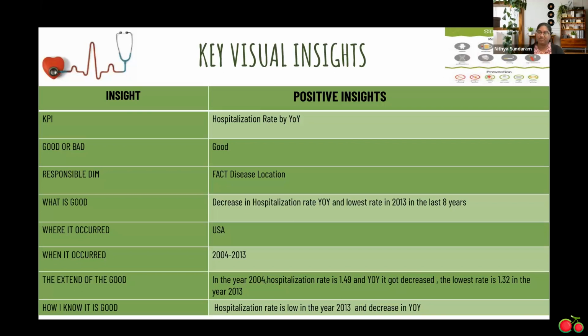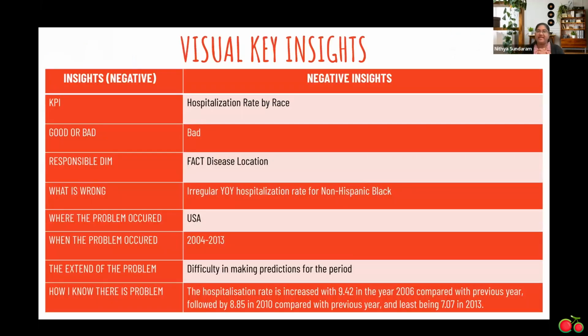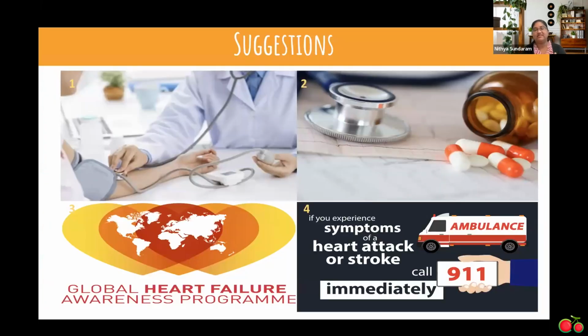So it represents the positive insight here. And one of the negative insights is that the hospitalization rate by race for non-Hispanic Black people is irregular over the years. Due to the fluctuations in the data, it is difficult to make predictions for the period 2004 to 2013.